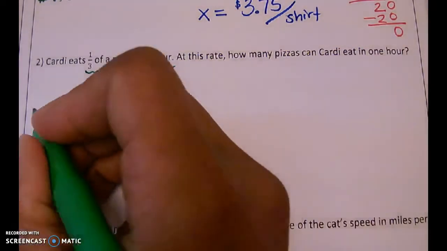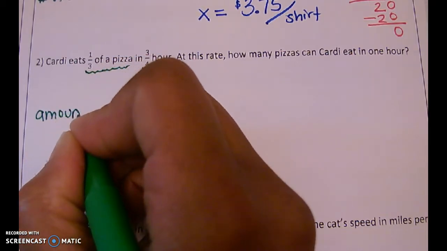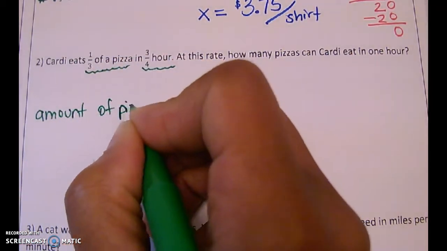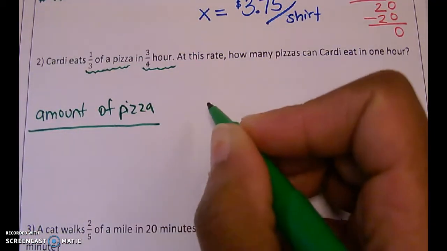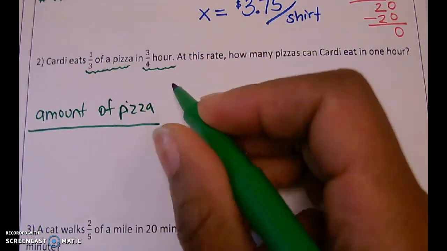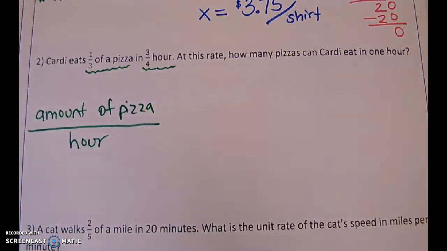So, I'm going to represent that by saying amount of pizza per, that line meaning per, hour. That's my word form.